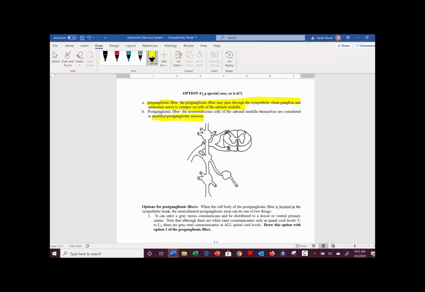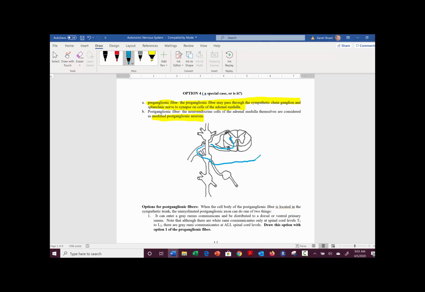So here's what it's basically going to look like. Again, we're getting to the adrenal medulla, and I apologize if you're seeing my computer screen shake. It's been a problem lately. But it exits through the ventral rootlet, enters the ventral root, enters the spinal nerve for a short time before entering an anterior primary ramus, enters a white ramus communicans, enters a splanchnic nerve, but does not synapse on a collateral ganglion.